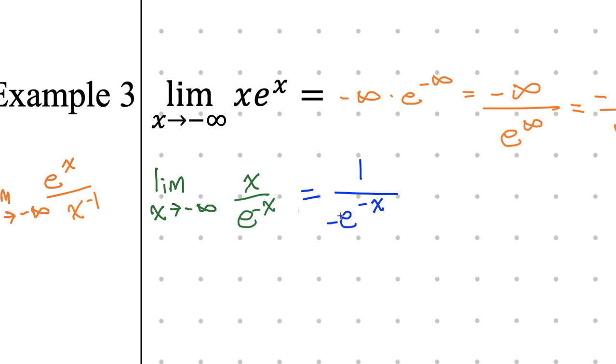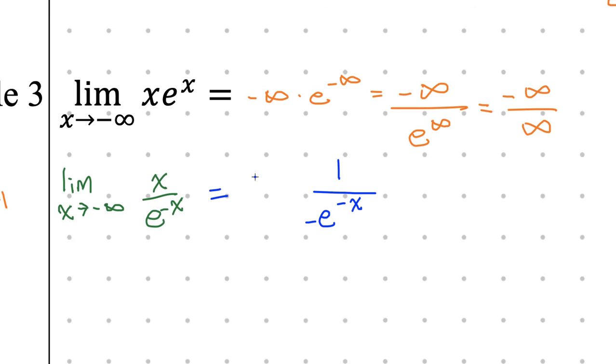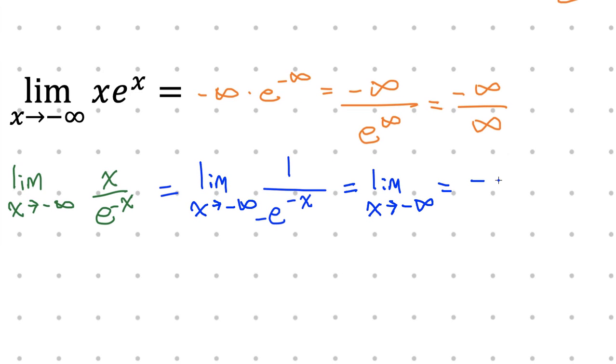Okay? And I keep forgetting to rewrite the limit to be formal about it, but there it is. This is the limit as x approaches negative infinity of this thing, which is now the limit as x approaches negative infinity of negative e to the positive x.